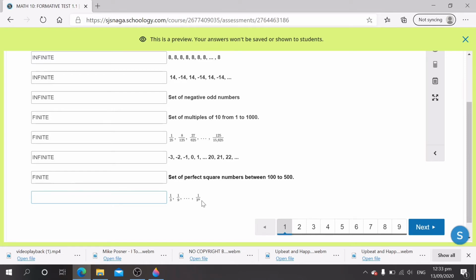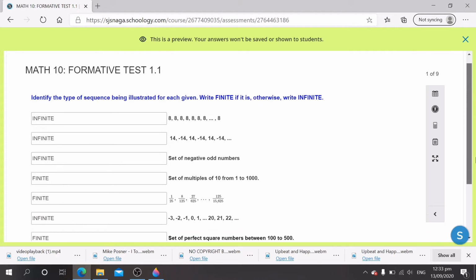Pwede ka pang gumawa ng next term, which is 1 over 3 raised to 1,001. Next term pa, 1 over 3 raised to 1,002. So it just increases. With that, it is infinite, since hindi naman natin mabibilang talaga ng terms yan, unless nakaspecify kung ano si n. Kung 1,000 na, so we can count. Okay? So that is for question number 1.